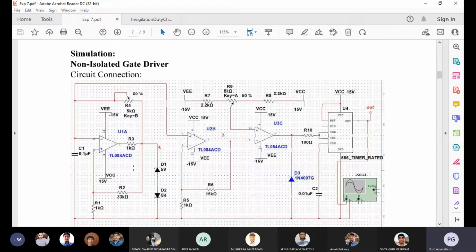If you vary the values, the slope of the triangular waveform can be varied. Then you can see 1, 2, 3. First, in the TL084 IC, the first one can be used.